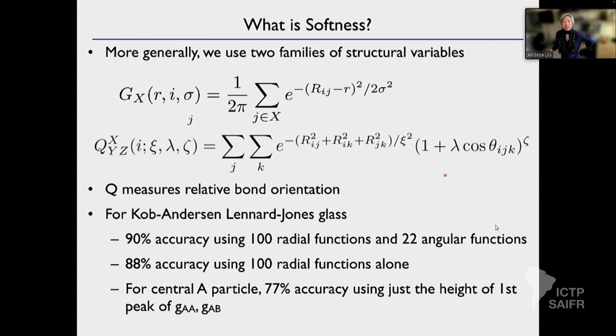For just a Lennard-Jones mixture, it turns out that we get 90% accuracy if we use 100 radial functions, so 100 different bins in g(r), and 22 of these, but we get 88% accuracy if we don't keep these at all. So again, we often don't use this because it's not worth the extra gain in accuracy to get something that's sort of opaque.